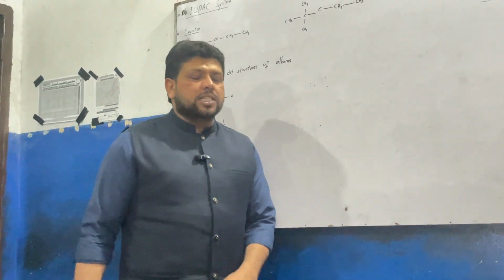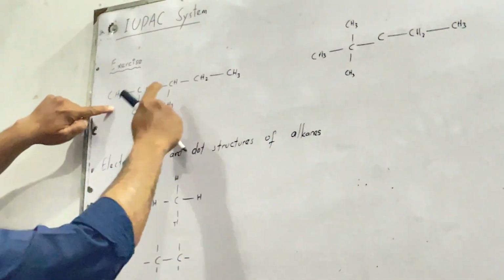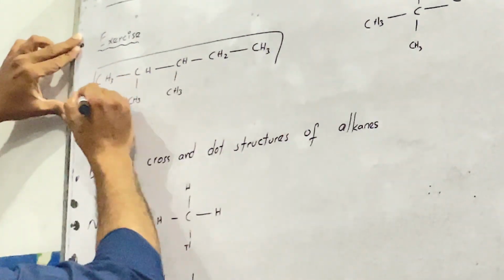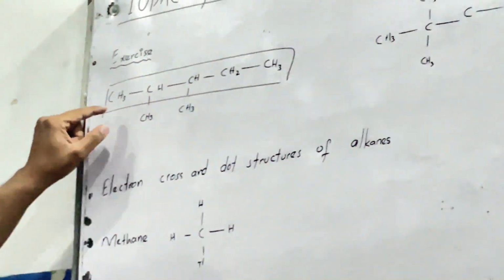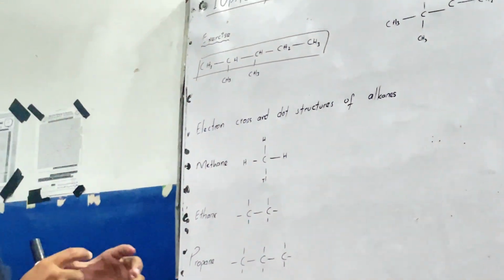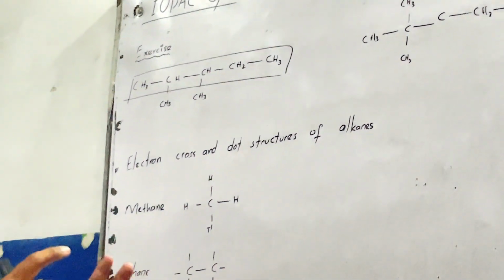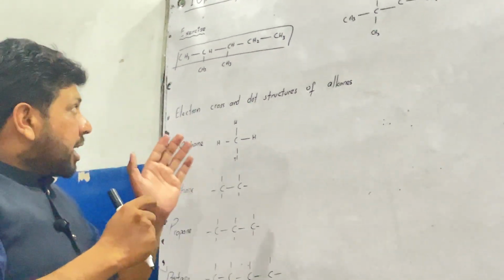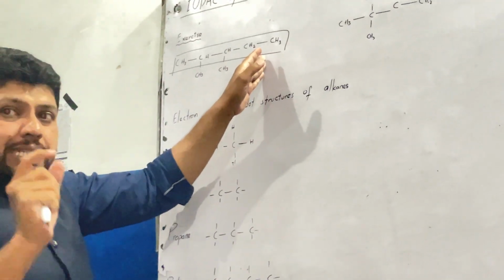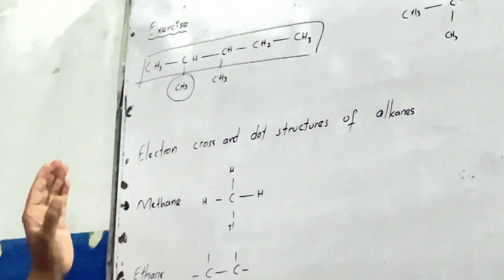Let's consider some examples. For example, we have a compound. First of all, we have to select the longest chain. Then we have to count the carbon atoms. For the numbering, we can start either from left or right, but we have to consider where the substituent is closer.